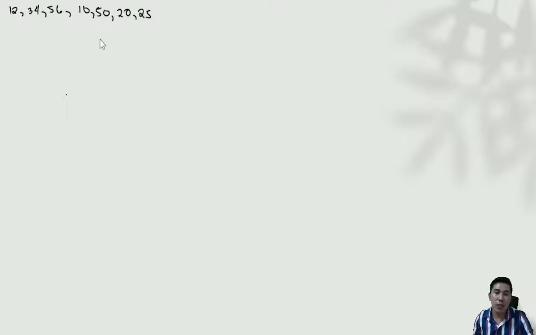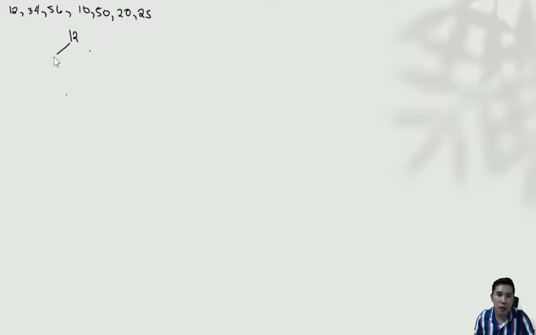All we need to do is build a binary tree first, or store this in your array. If you are going to program this, you construct a binary tree first.